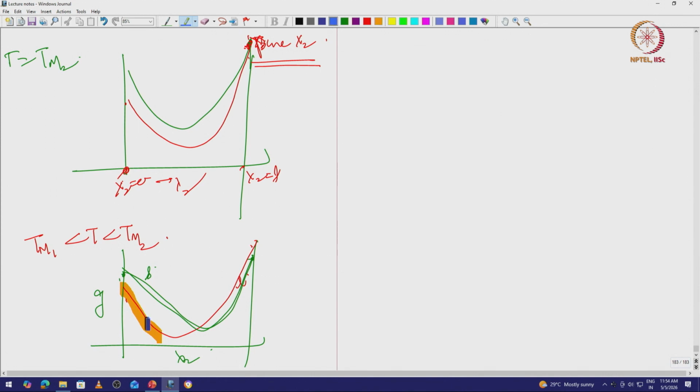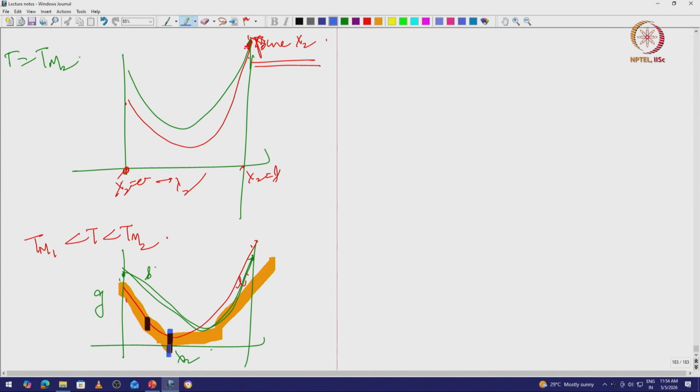So, and okay, let us just go back to this orange thing. So, until here I let the liquid phase win, from here to here I have a tangent, a common tangent where I have liquid plus solid, and from here I have a solid phase that wins, right. So, this is how we have constructed these diagrams.